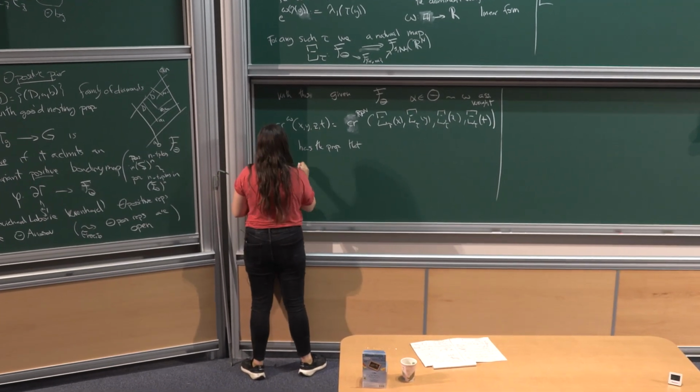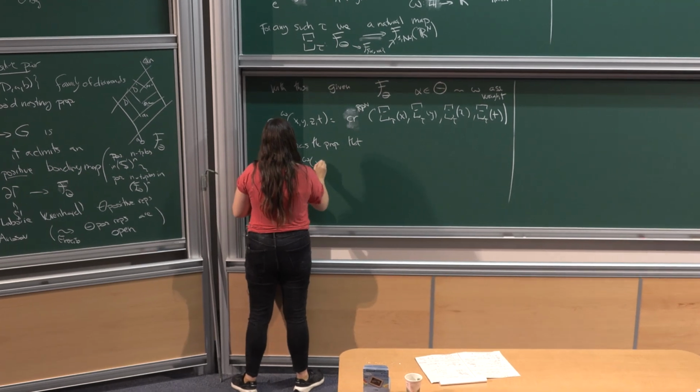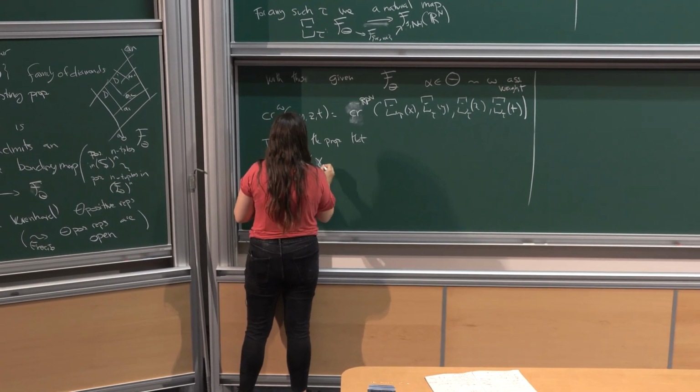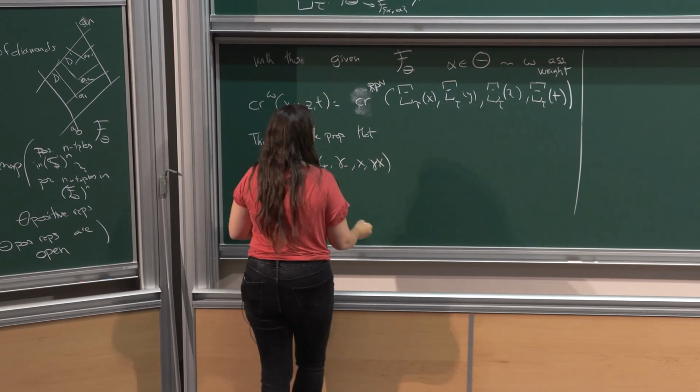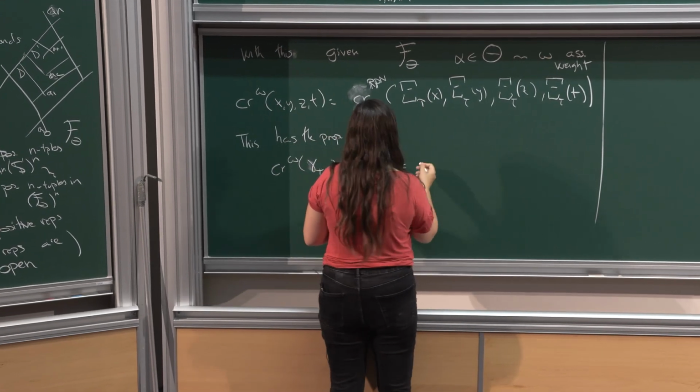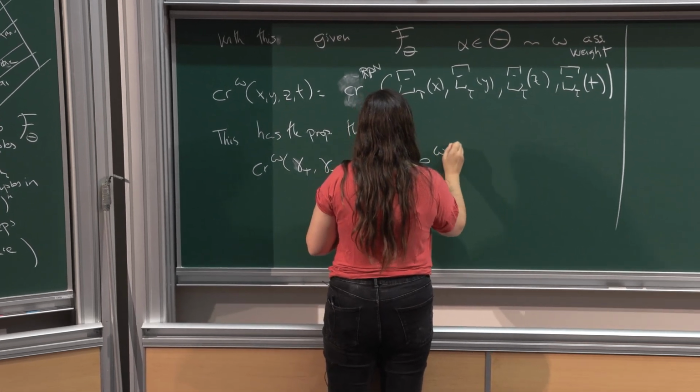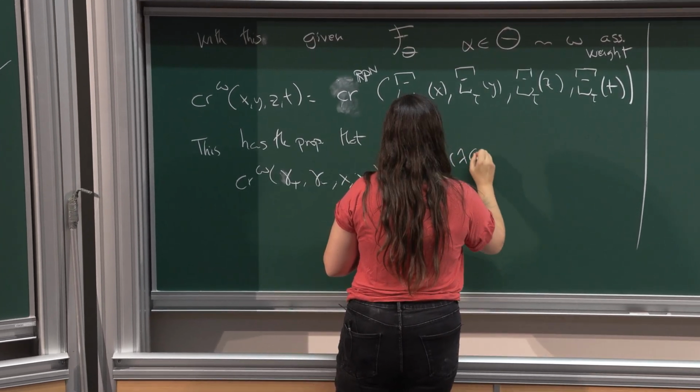So we have that CR omega of, as before, gamma plus, gamma minus, x, gamma x is equal to e to the omega of lambda of gamma.